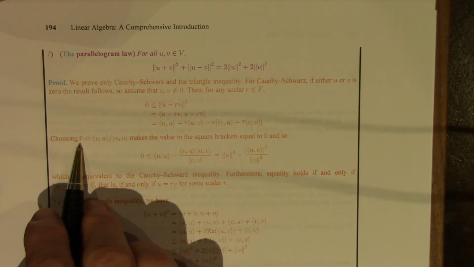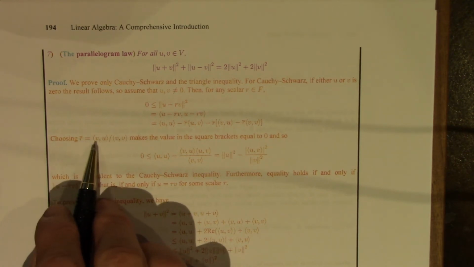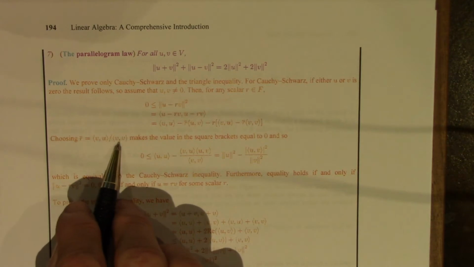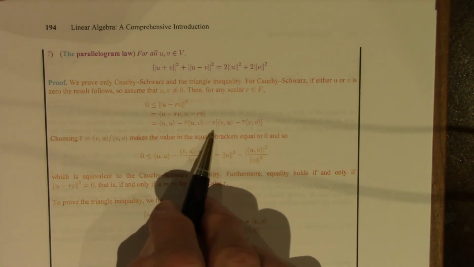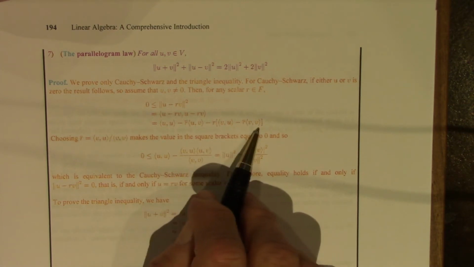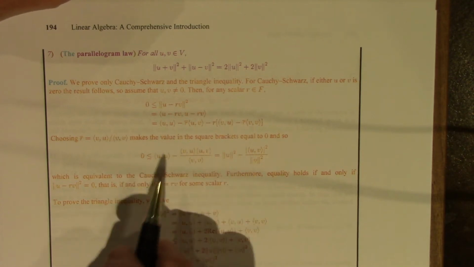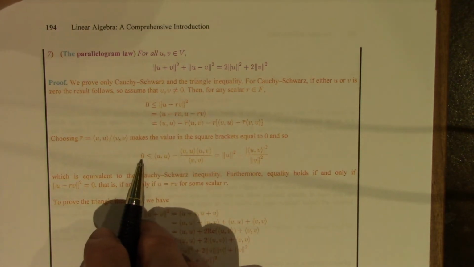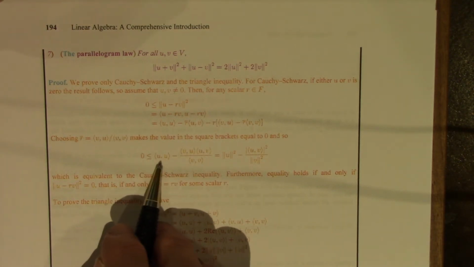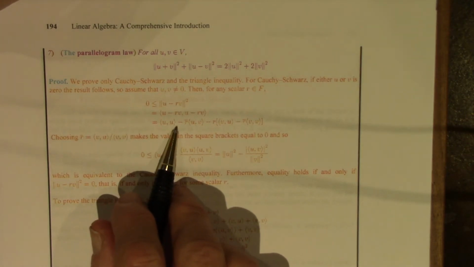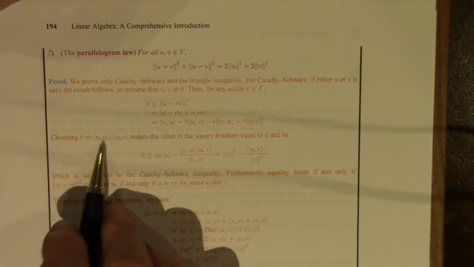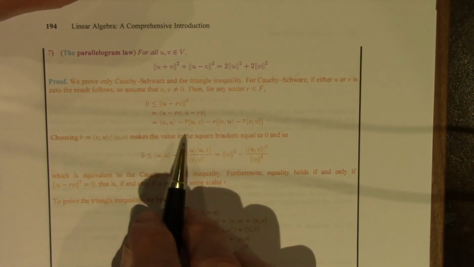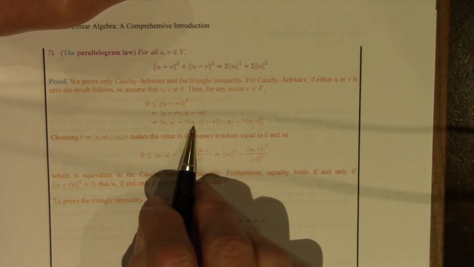If r bar is taken to be vu divided by vv, then this value here becomes 0, and so we're left with 0 less than or equal to u minus r bar uv.